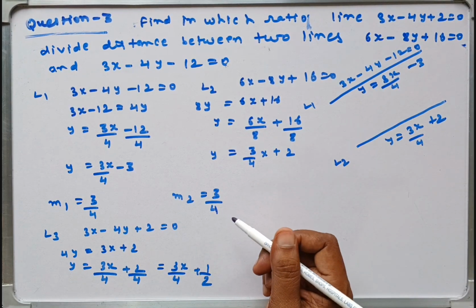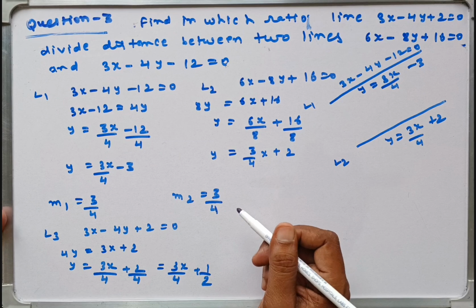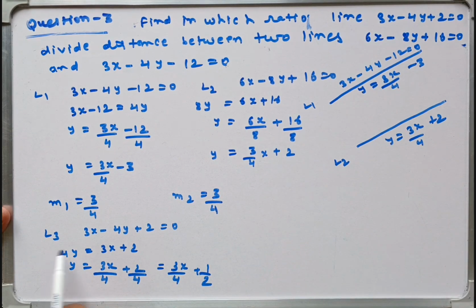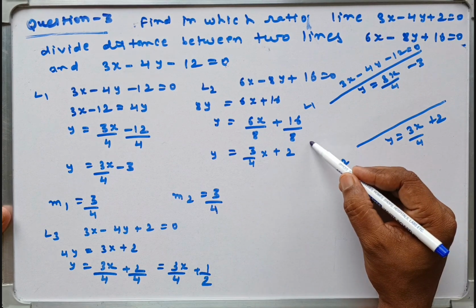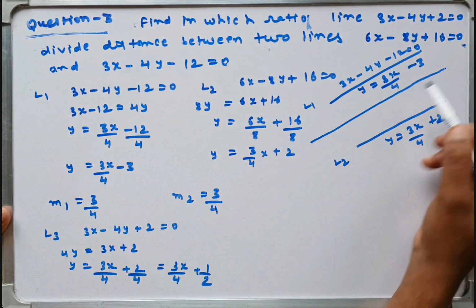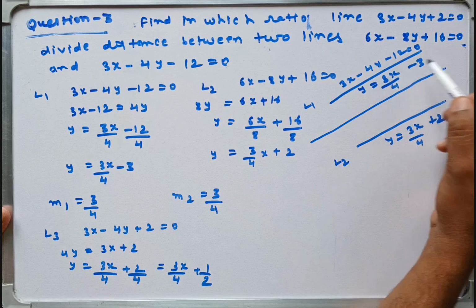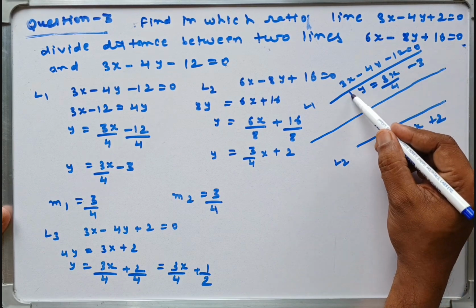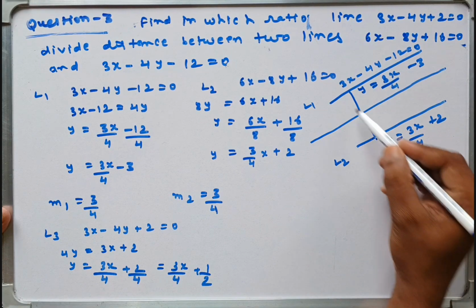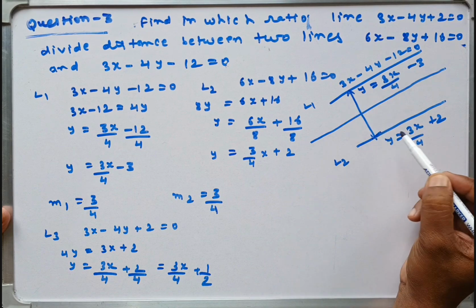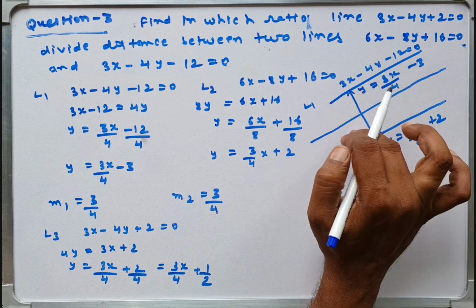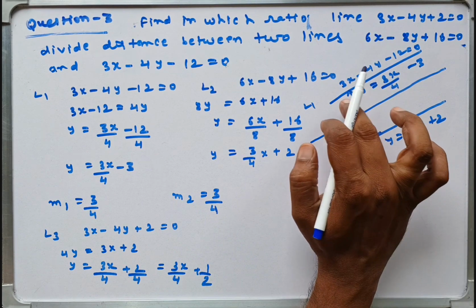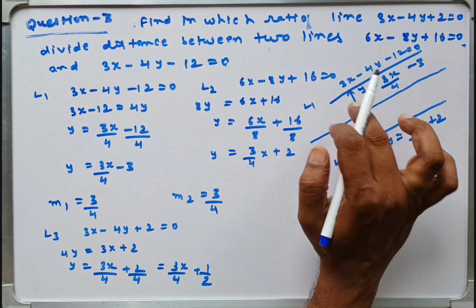Okay, so what you see guys here, this line L3 is also parallel to these two lines, so this must pass like this one, because it divides the distance between these two lines. So you guys have to find in which ratio this line divides the distance between these two lines.